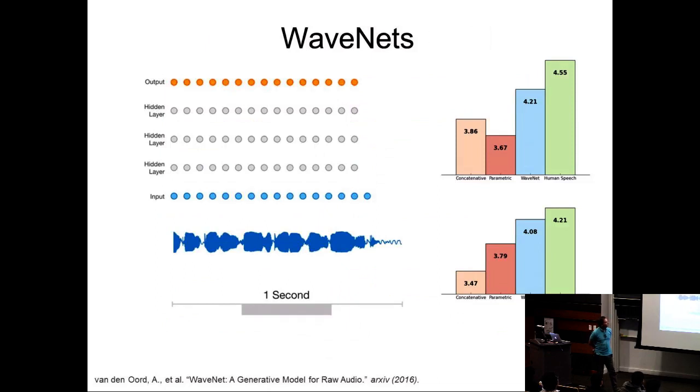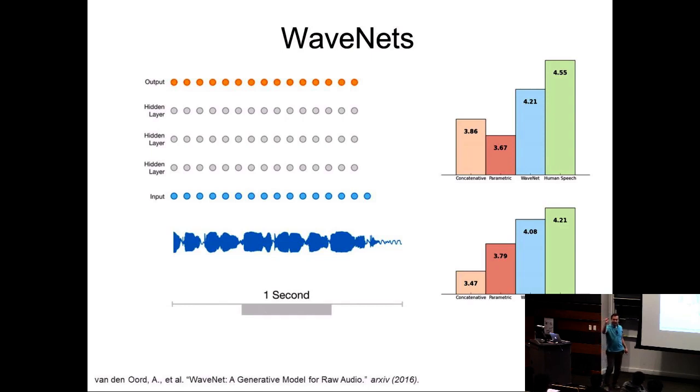So here's another application. I guess this was done by the same folks who did Pixel CNN. They looked at WaveNet, which is a generative model for raw audio. They start at the input, and then using this hierarchy, kind of like a binary tree, they predict the next phoneme or the next piece of a sound.